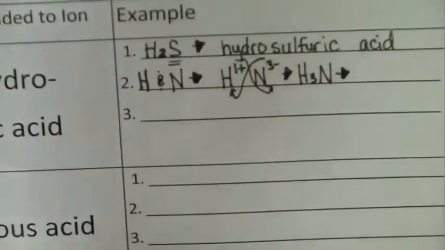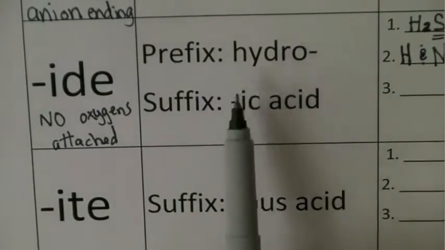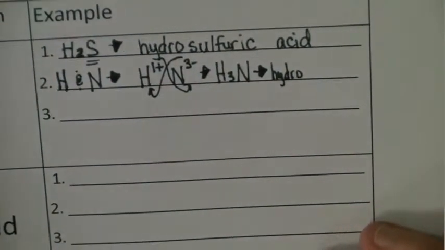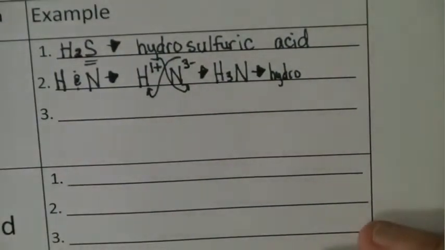Now, if I want the name of this, just like we just talked about, prefix, root word, suffix. So our prefix is hydro. Sorry, that's a little difficult to read. Our root word in this case is nitrogen, but we're not going to use the whole word.